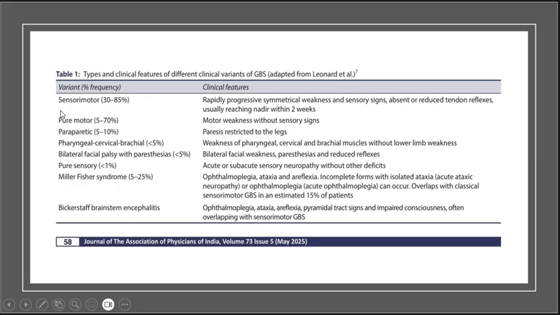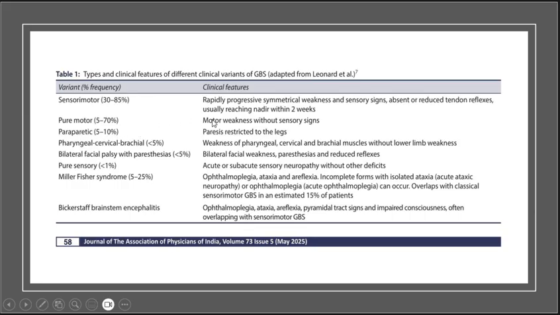The sensory motor variant usually presents with symmetrical weakness and sensory signs, with absent or reduced deep tendon reflexes, and usually reaches the plateau or peak phase by 2 weeks of disease onset. Whereas in the pure motor variant, there are no sensory signs, only motor weakness is seen.